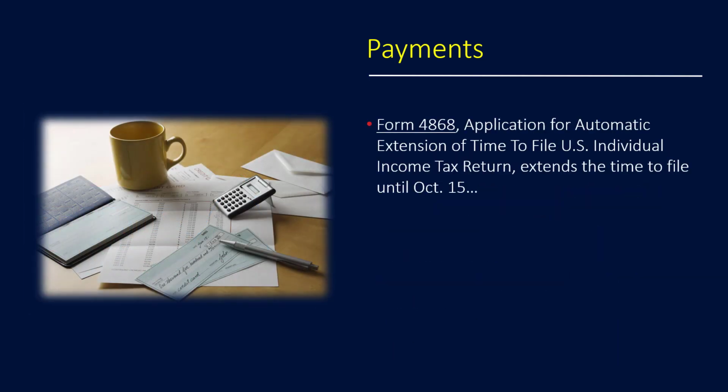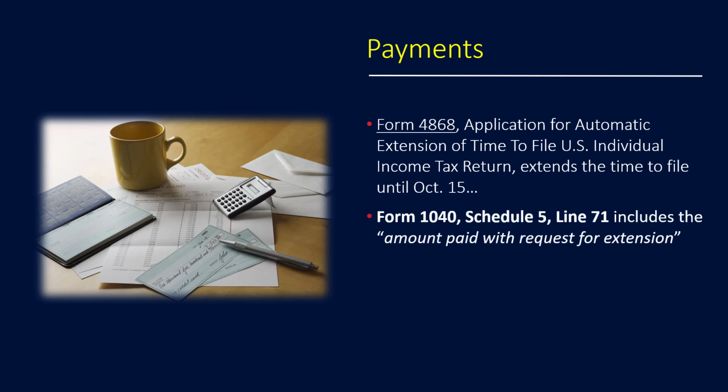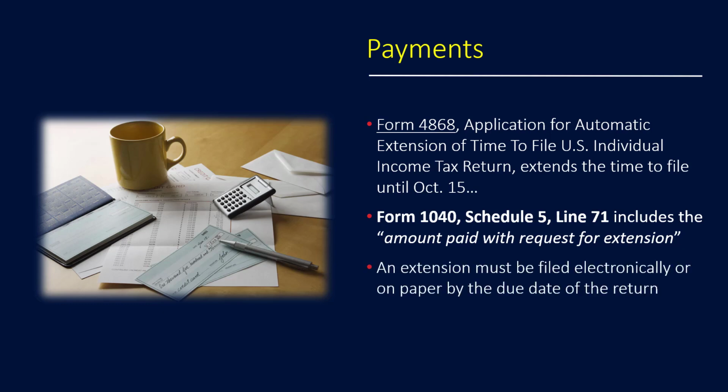Form 4868, the application for automatic extension of time to file U.S. individual income tax return, extends the time to file typically until October the 15th. Form 1040, Schedule 5, line 71, again this is new for 2018, includes the amount paid with request for extension.